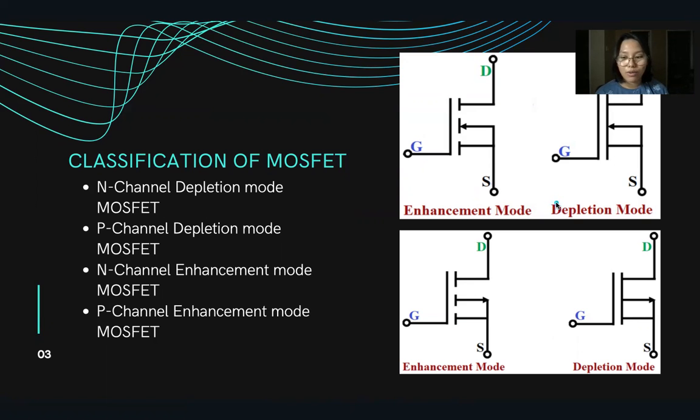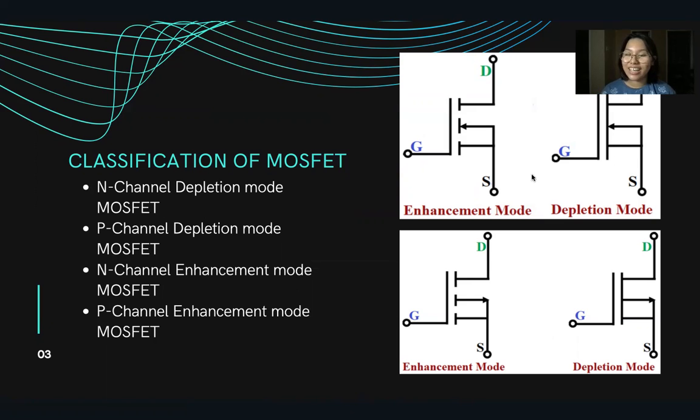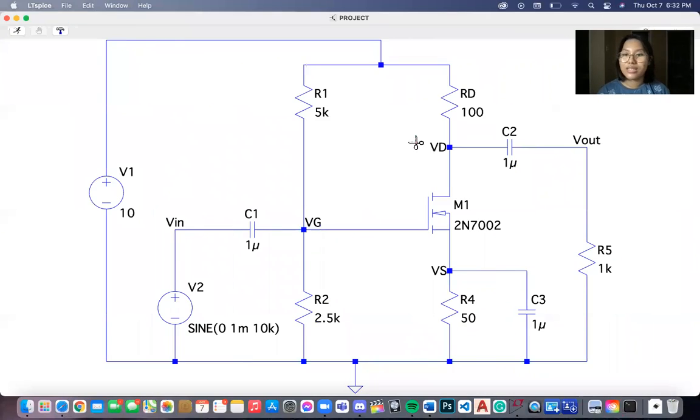Now I am going to show you the circuit that I made earlier. So this is my circuit. I am using a MacBook, so the controls may look a little bit different, but the steps are the same.